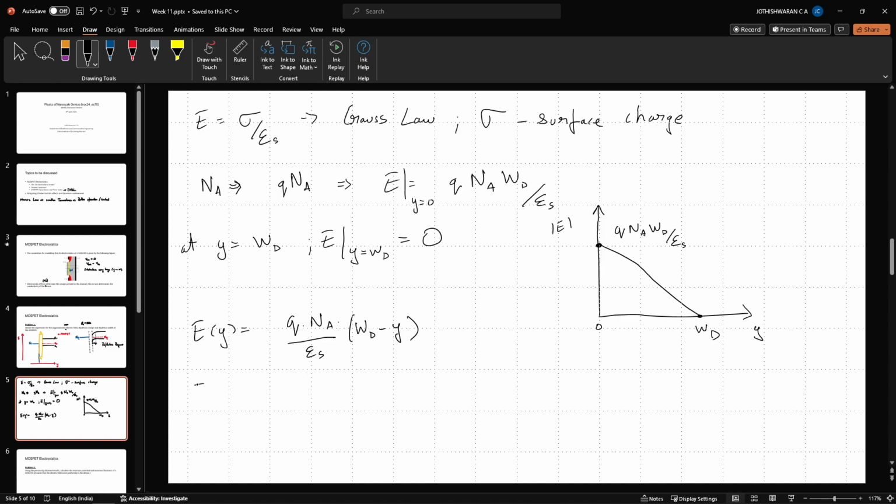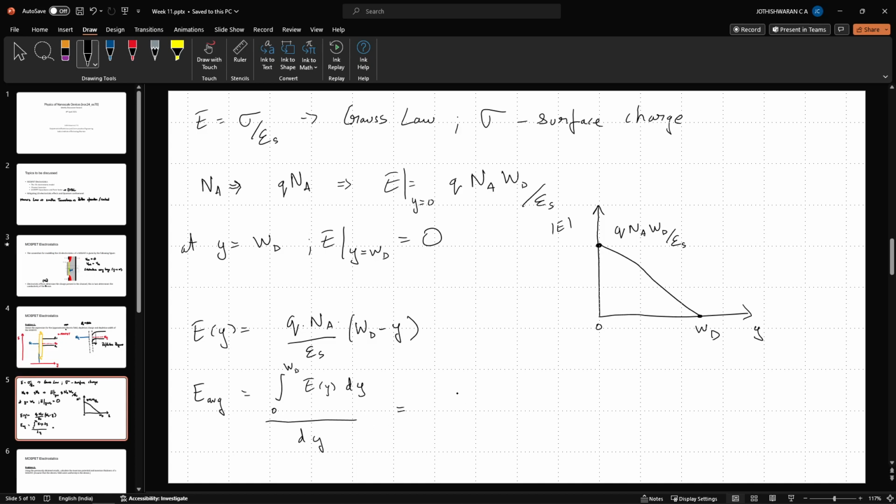To get the average electric field, E average, we integrate from 0 to Wd. We could integrate from 0 to infinity, but we know after Wd it becomes 0, so that doesn't contribute, times E of y dy divided by the width.